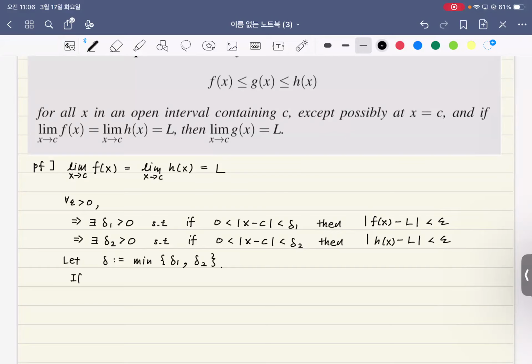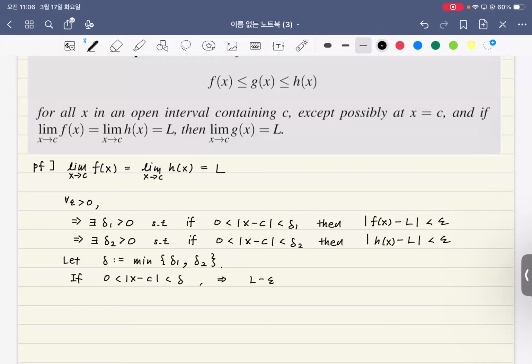Because if x minus c is less than this delta, then that means x minus c is less than both delta 1 and delta 2 at the same time. Therefore, I can make use of these two inequalities at the same time.